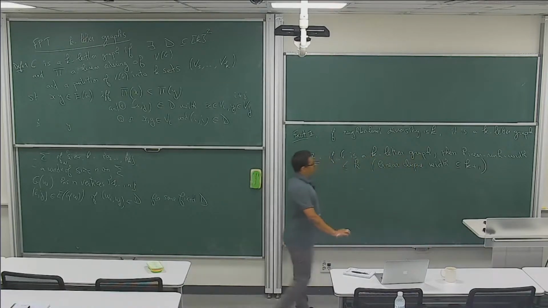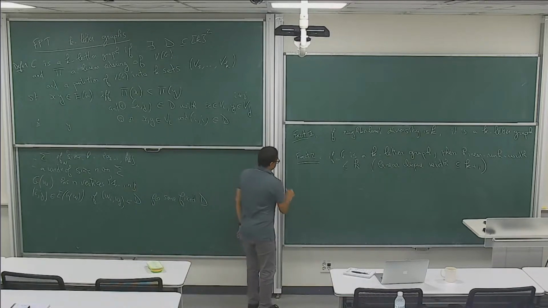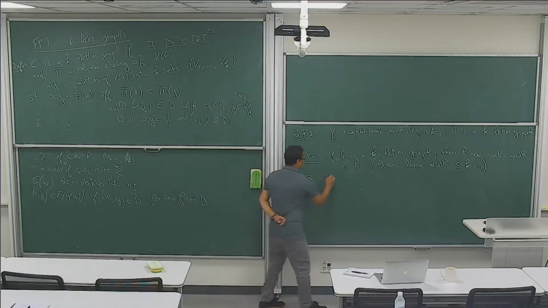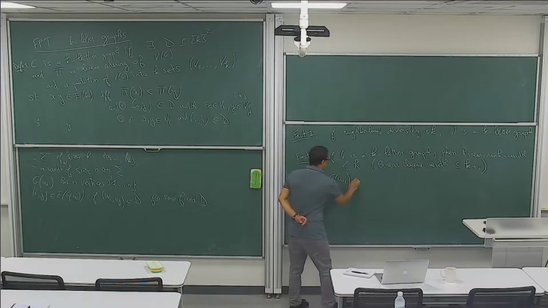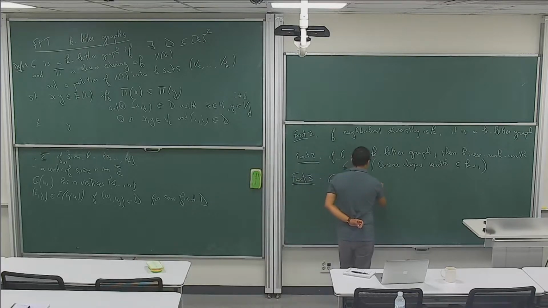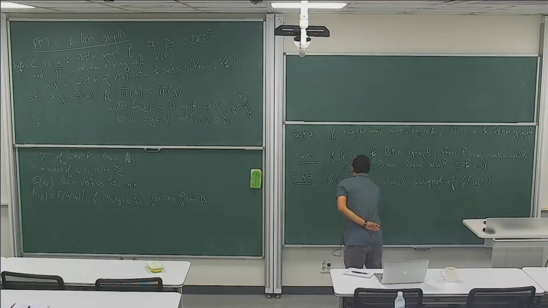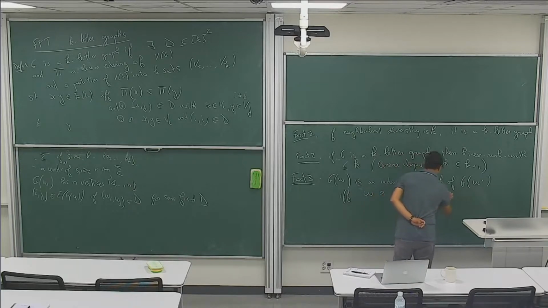So another observation that is not that difficult: fact 3 is that G of W is an induced subgraph of G of W prime if and only if W is a subword of W prime.